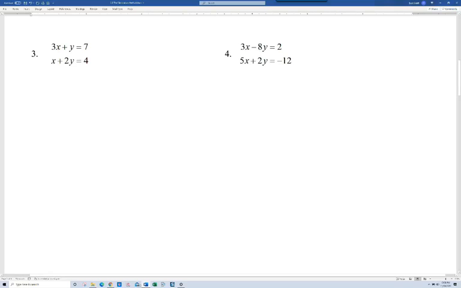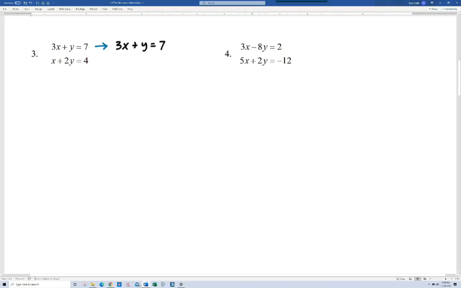So what I need to do is somehow create opposites. And what I'm seeing is where this x is here, it would be nice to have a negative 3x there. Now I can't just multiply that term by negative 3. But I can multiply the whole equation by negative 3, and so that's what we're going to do.